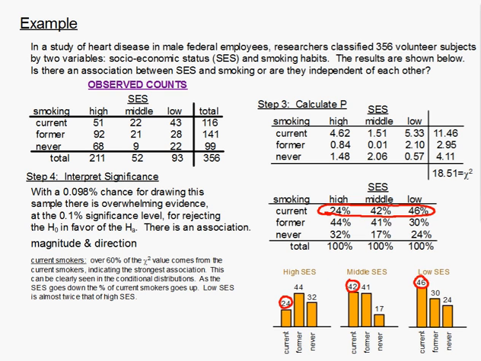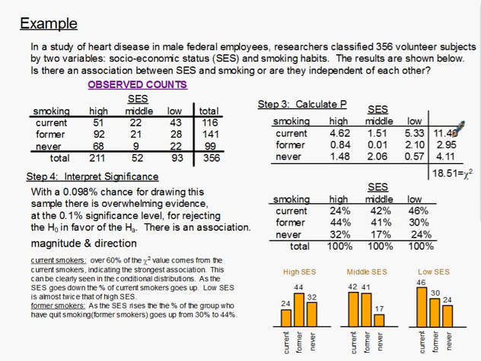Let's move on to former smokers. If we look at former smokers, as the socioeconomic status rises, so I'm kind of starting here and looking at it this way, the percent of the group who have quit smoking, which is what former smoker means, goes up from 30% up to 44%.